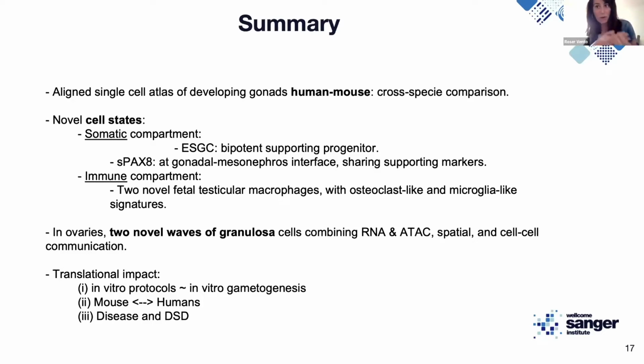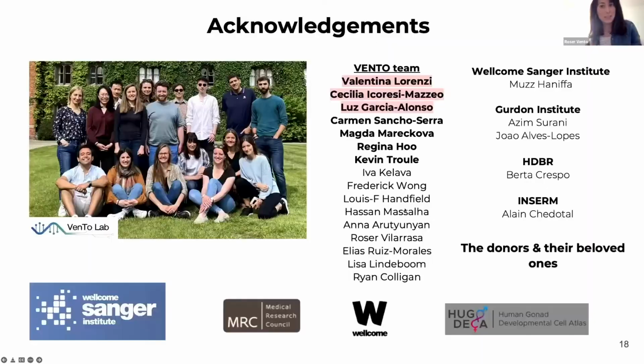But actually we see that the regulatory programs that mediate these cell states in mouse and humans are quite different. And again, I didn't go into details. We also find novel immune cells, and we are excited about all the translational impact for in vitro gametogenesis, for the translation between mouse and humans, and also for gonadal conditions such as differences in sex development.